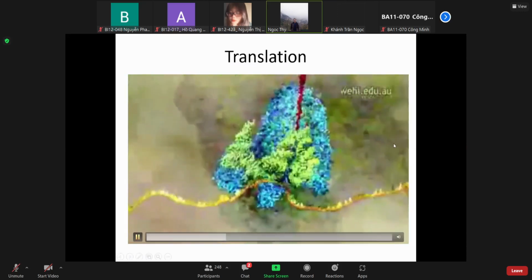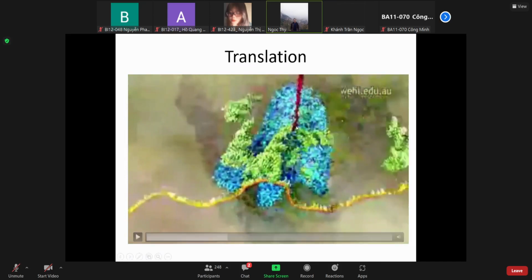You can see each tRNA comes and the ribosome makes a peptide bond between the amino acid of the polypeptide chain and the new amino acid that the tRNA brings along.